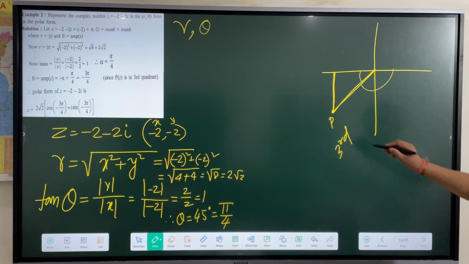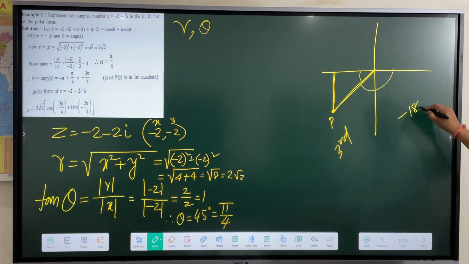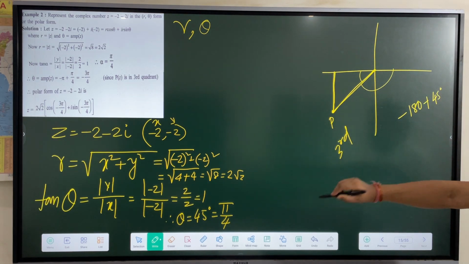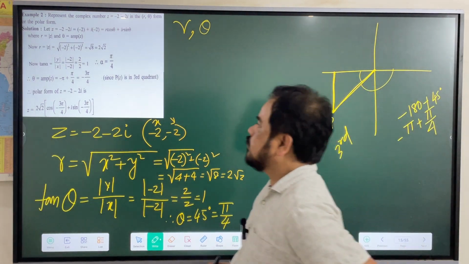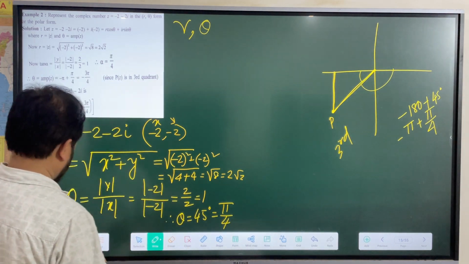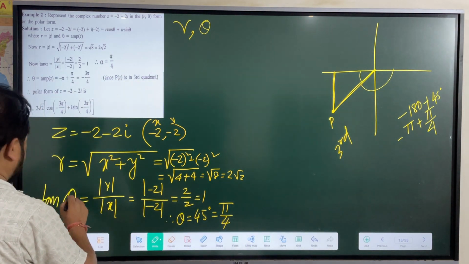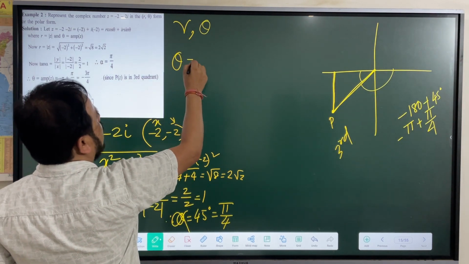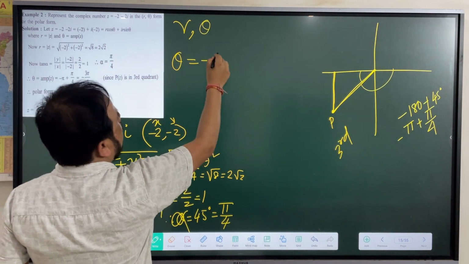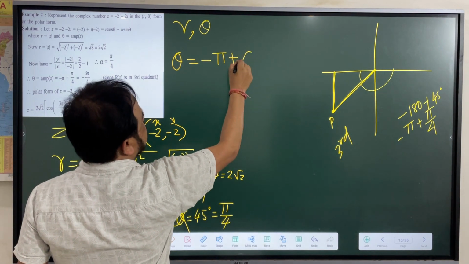Third quadrant is minus 180 plus 45 degree. We have got alpha as 45 degree, so we can write minus pi plus pi by 4. Actually, we should write alpha here. We will find theta now. Theta is equal to minus pi plus alpha.